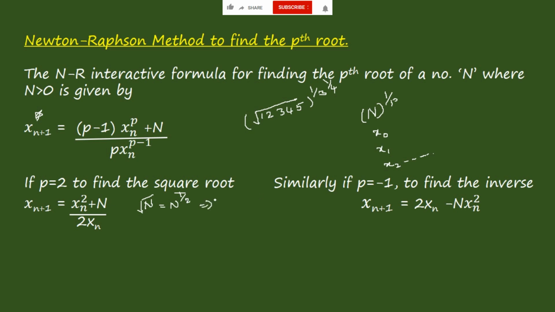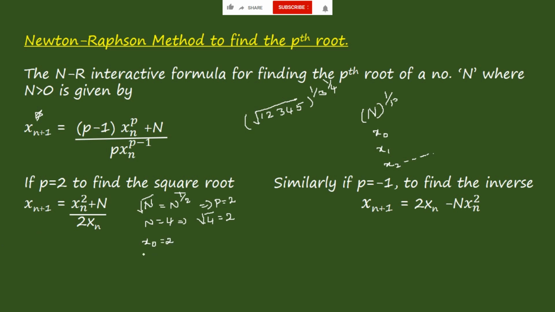Now here p is 2. If you assume that n is equal to 4, we know that root of 4 is equal to 2, right? We'd be checking with this particular formula. Now here n is 4, p is 2. We'd be assuming a number x naught is equal to 2.